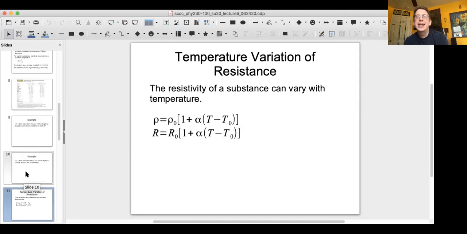In SI units, it's in inverse degrees Celsius. And you're multiplying alpha by the difference in temperature between the temperature T you want to measure the resistivity at, and the reference temperature T naught, usually 20 degrees Celsius. And again, for the table I showed, it's 20 degrees Celsius. And then the equation for resistance is basically the same, since they both vary proportionally.